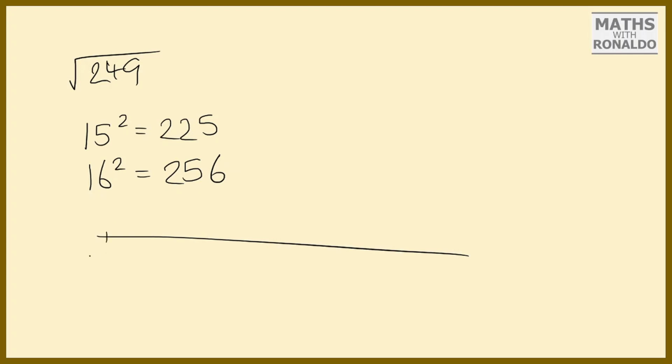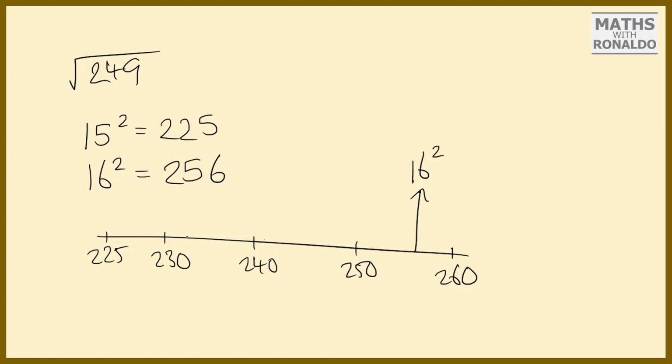If this is 225, this is 230, this is 240, 250, 260. And if we know 256, which is about here, is 16 squared, and if we know that 15 squared, which is here, and we want the root of 249, which is around here.